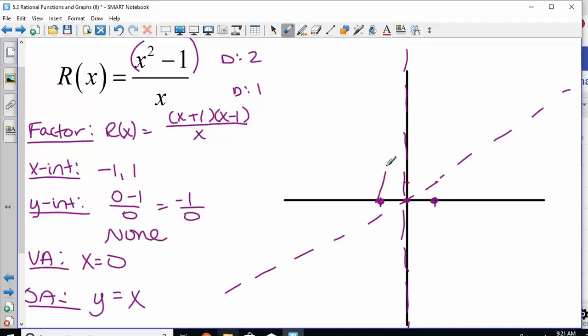It's really just getting closer to your asymptote. So it's something like this. Looks kind of like that. Excuse my artistic ability.